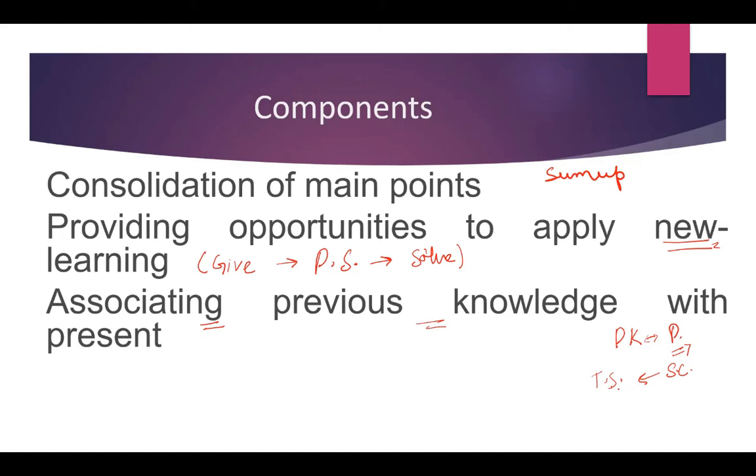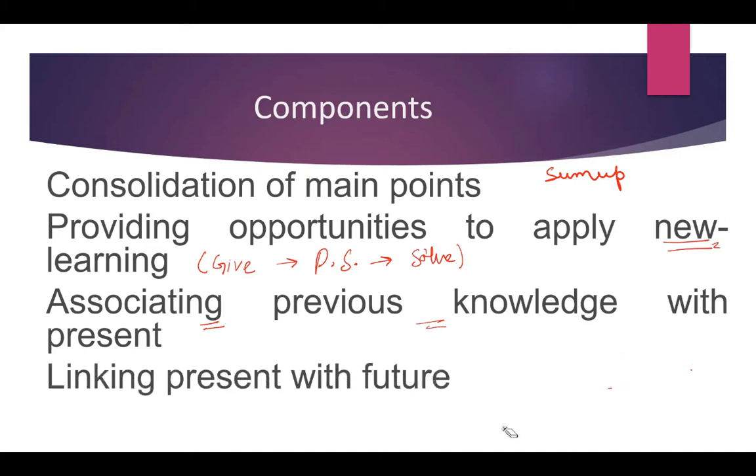And then one more component is there, that is linking the present knowledge with the future knowledge. The new knowledge which we have given to the students, we have to link this with the future or life of the students.